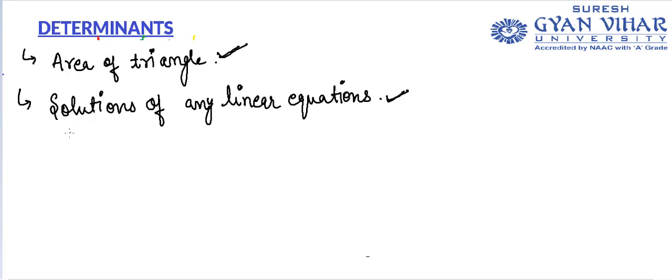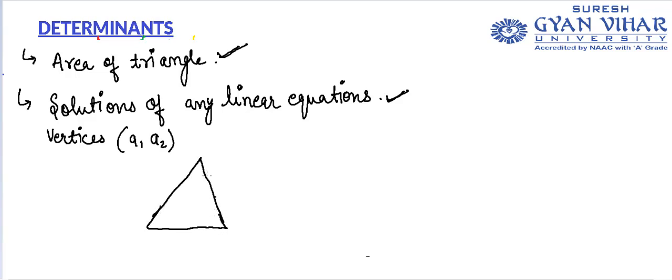If you have a triangle with vertices, let this be a triangle.